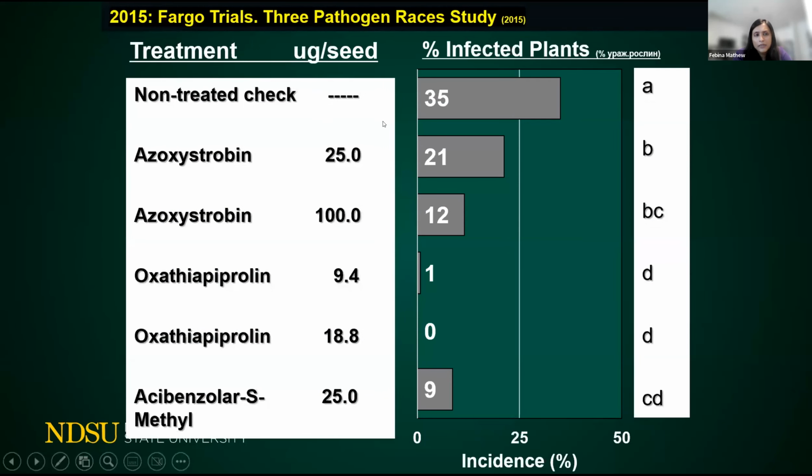So from that particular study that was done here in Fargo, the non-treated check had 35% infected plants, but a lot of this oxathiapiprolin, it seems to be effective at 2 rates against the downy mildew organism. So this is what has gained a lot of popularity. It's also called Zeltera, and the seeds treated with these seem to be effective against downy mildew.